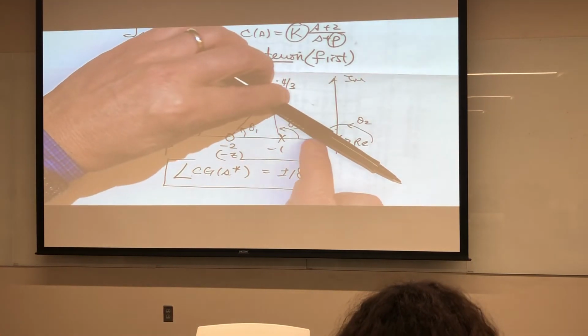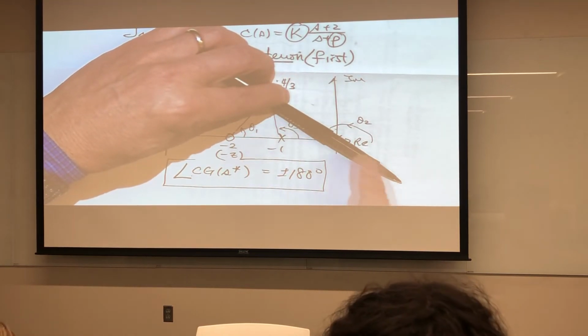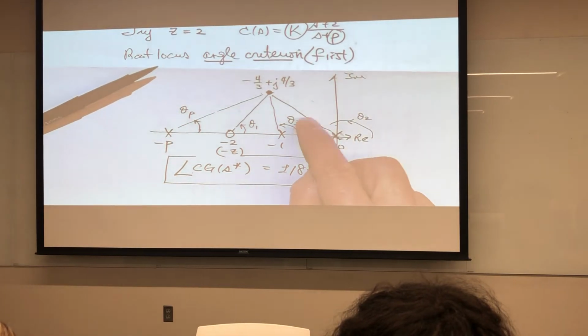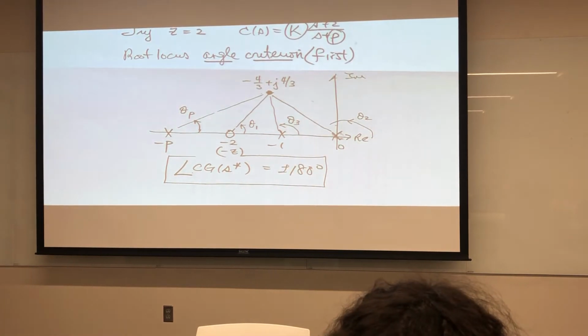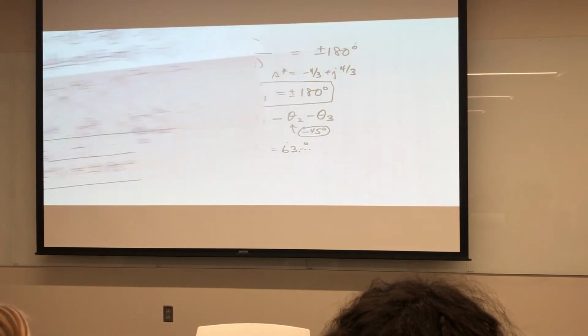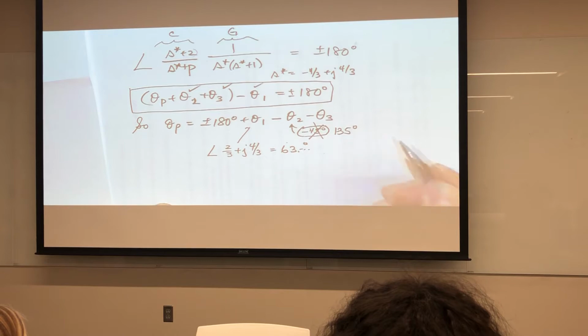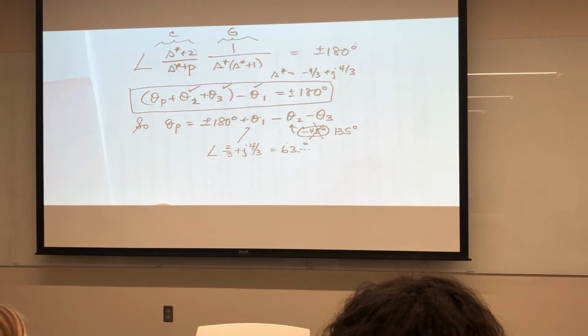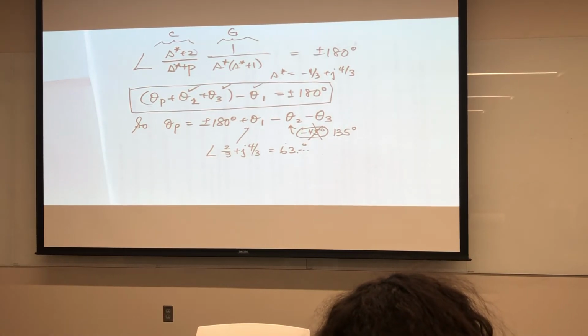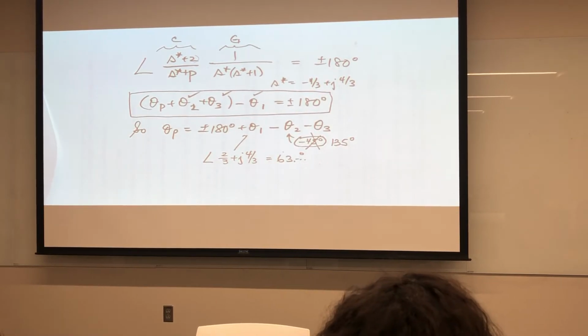But negative 45 is this angle. We want this angle. So you have to do some mental gymnastics and realize this is not quite correct. It's actually supposed to be 135 degrees, but these two are related by 180. So just because you're using a calculator, don't trust the numbers that come up on the screen.